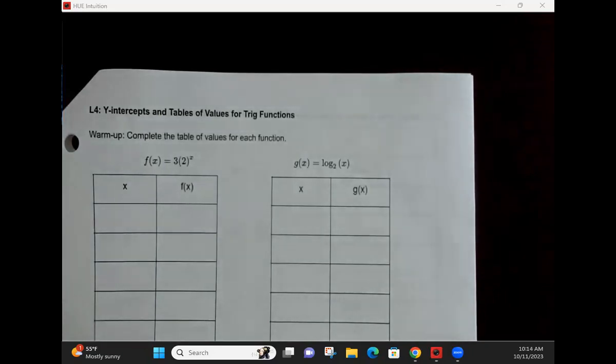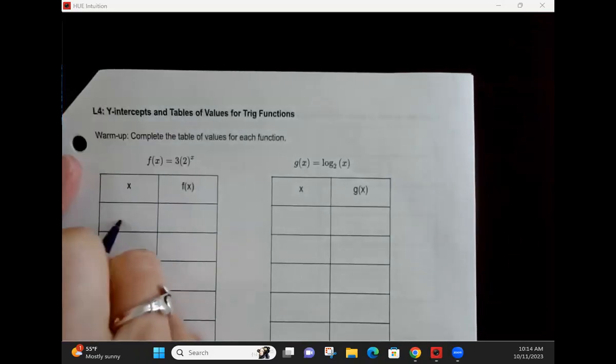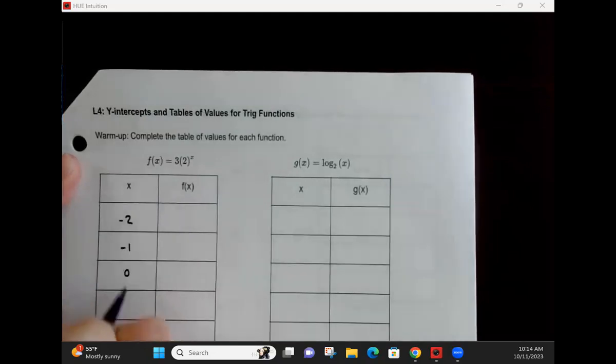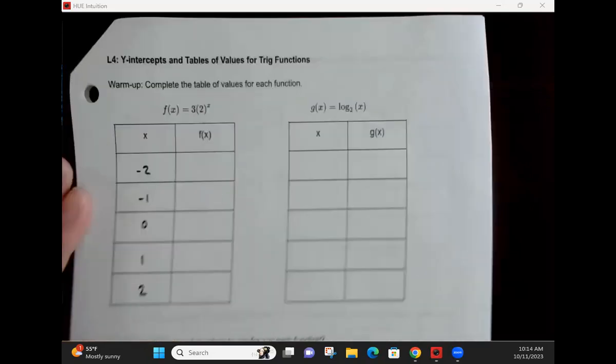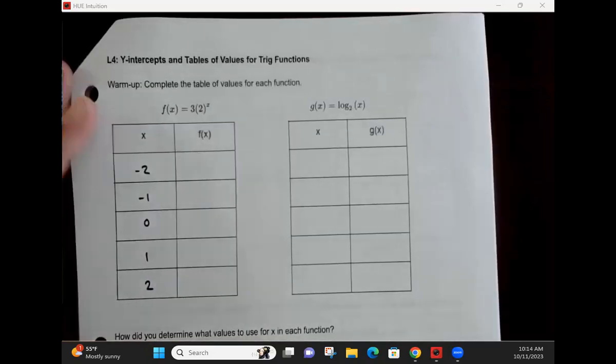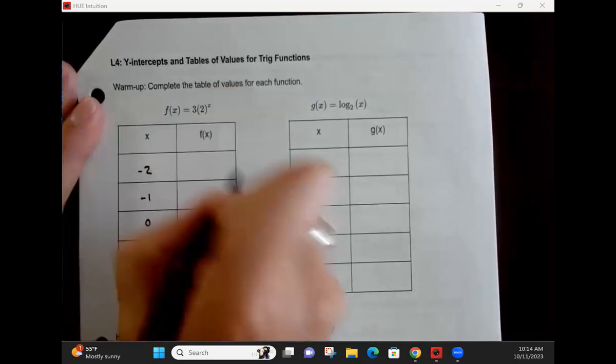Is there a nice square root of 2 or a cube root of 2? No. So I'm okay with that. We're picking values that give us a good spread of our function, but also are manageable for us to be able to plug in for x. So I'm going to use your -2 to +2. That sounds great.